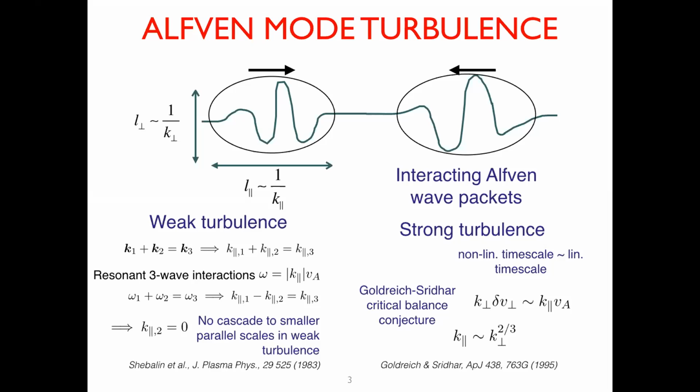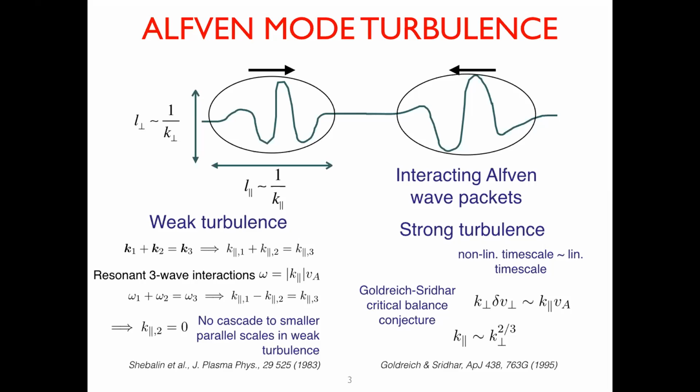In MHD, you can show this using weak turbulence theory. On the left-hand side, I am showing some relations that weak turbulence has to satisfy. If you look at these equations, you will find that in weak turbulence you get three-wave interactions in which one of the wave vectors has k parallel equal to 0.